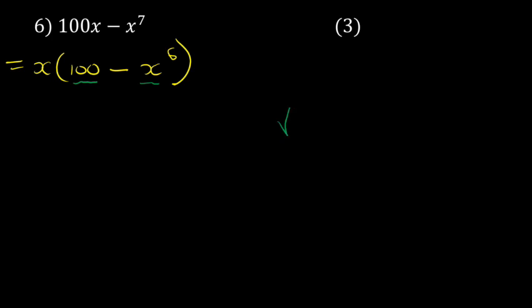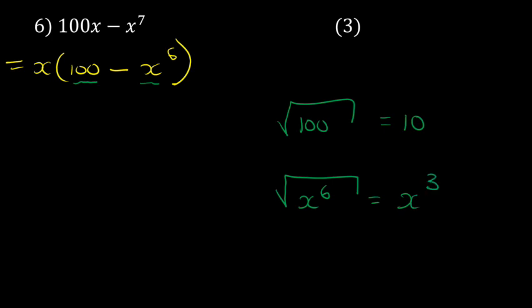Think about it. The square root of 100 gives me 10, right? And the square root of x to the power of 6 is in fact x to the power of 3. How do I know this? It's because 6 divided by 2 gives me 3.